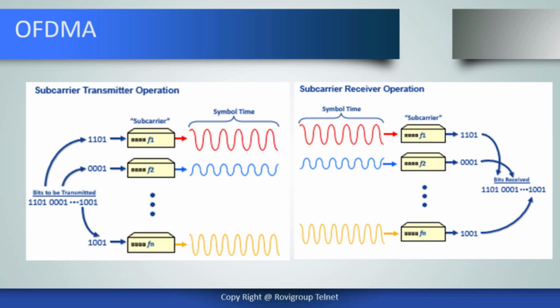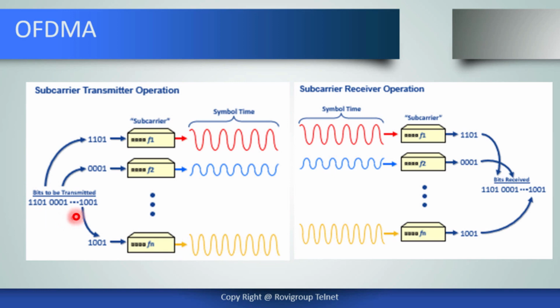This is also a picture that represents the subcarrier transmitter operation and subcarrier receiver operation. In the transmitter operation, we have subcarriers from F1 to F2 and up to Fn. The number of subcarriers depends on the available bandwidth, because that available bandwidth is split into small subcarriers.